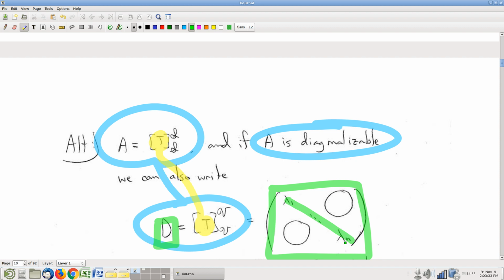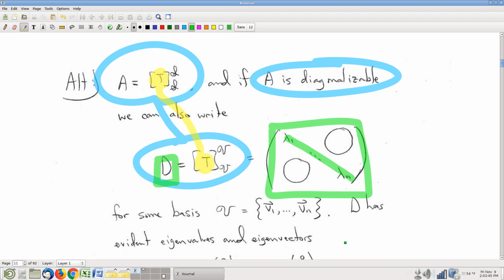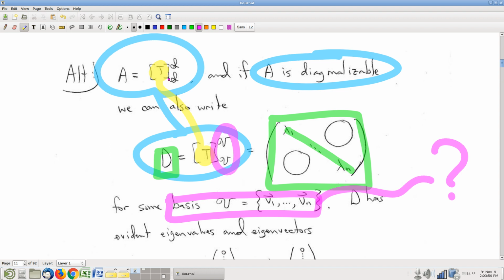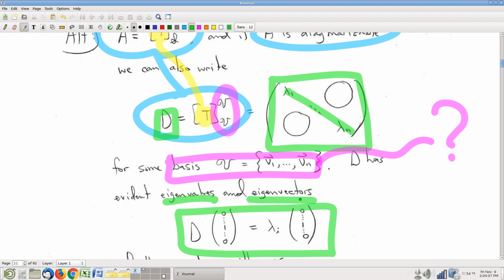Okay, where can we go with this? What can I do, given this D matrix and this basis script V? I don't know what this script V basis is. It is still yet to be determined what these vectors are. But what do I know about D? Good news, I know a lot about D. I know D's eigenvectors and eigenvalues because D is diagonal.